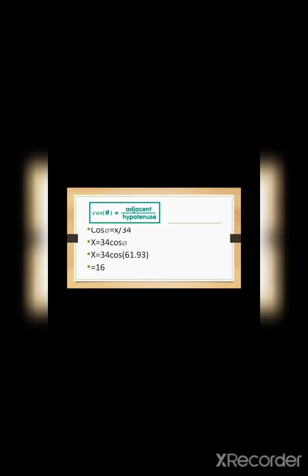We can see that cosine theta equals x over 34, and that means x equals 34 times cosine theta, and since we know theta equals 61.93 from the last question, we can put 34 times cosine 61.93 into our calculator, and we get 16, and that means we're done.